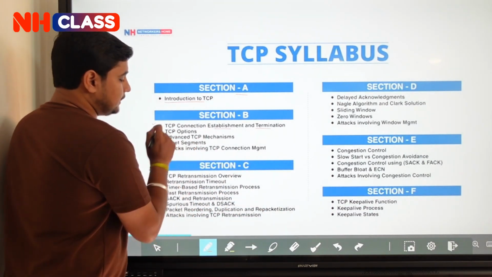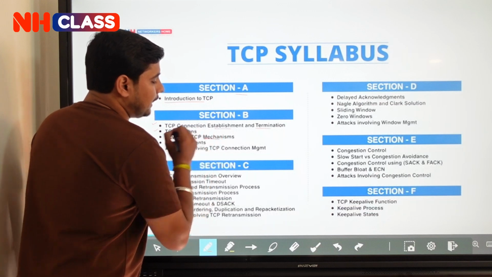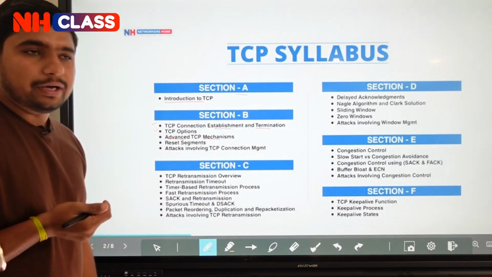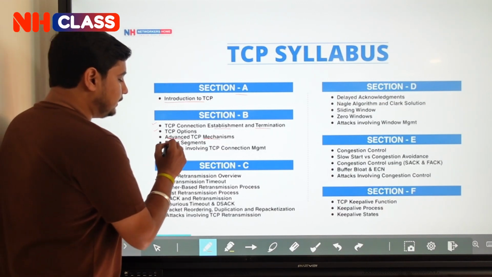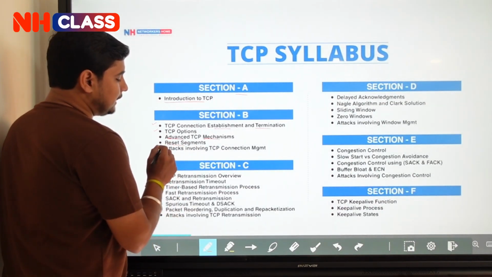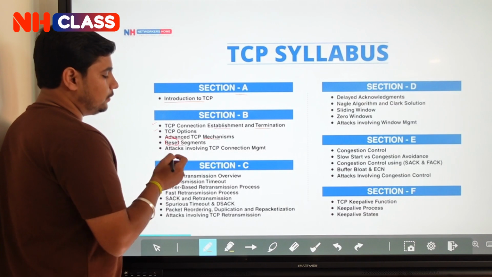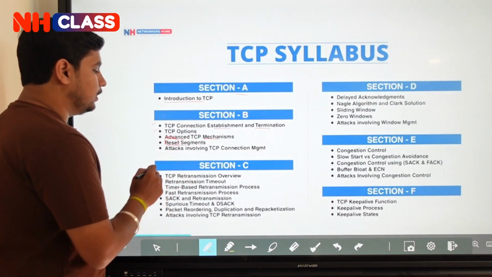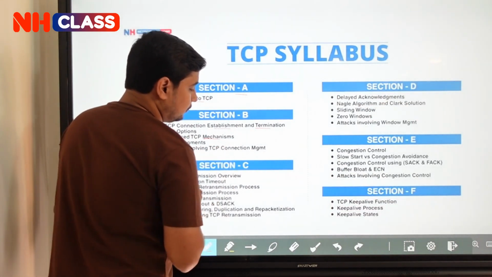The next topic in section B is advanced mechanisms. What are the TCP advanced mechanisms, and how do we use them? Reset segments: what exactly is the meaning of reset, what are the reset segments, and how do we use them? Then attacks involving TCP connection management.